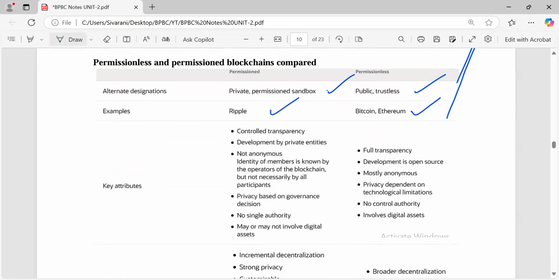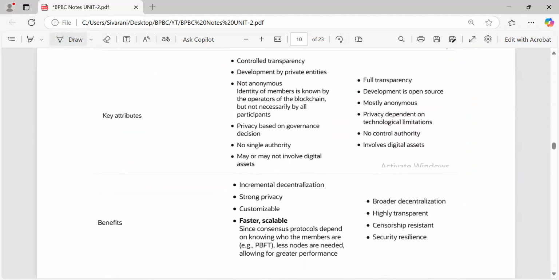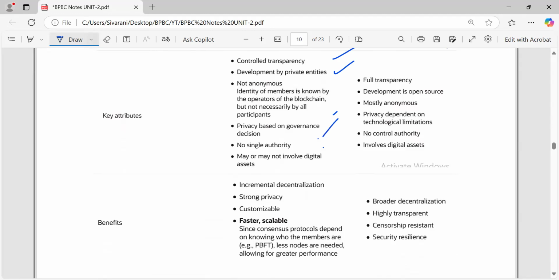Key attributes: permissioned can be controlled, with transparency, development by private entities, not anonymous, privacy, and no single authority, and may or may not involve digital assets. Permissionless has full transparency, open source development, is mostly anonymous, privacy dependent on technological limitations, no controlling authority, and involves digital assets.